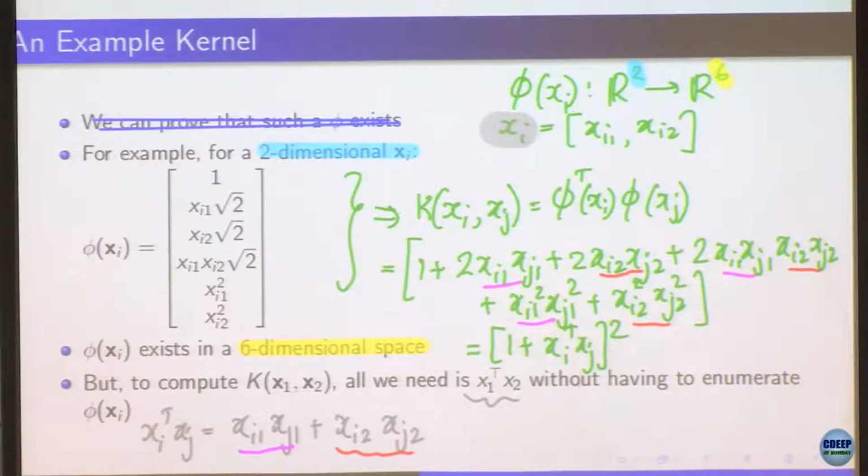So what I want to impress upon you is that the dot product in a two-dimensional space has led to a kernel which corresponds to a dot product in six-dimensional space. This is the key. A kernel is a dot product in six-dimensional space.